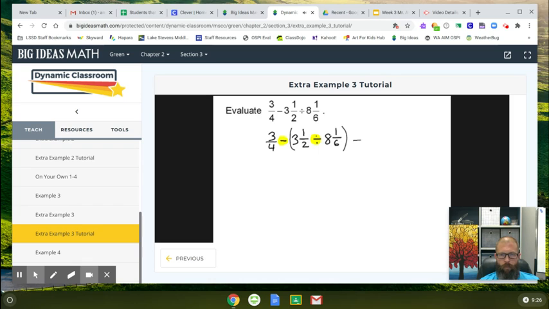We're dividing two mixed numbers, so we need to write them as improper fractions. Let's look at 3 1/2 first. To write that as an improper fraction, take the whole number part 3, multiply it by the denominator 2 to get 6, and then add the numerator 1 to get 7. The improper fraction is 7/2.